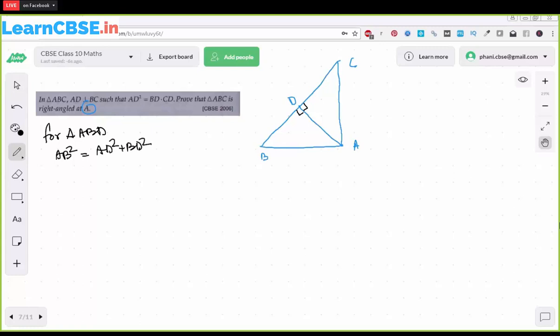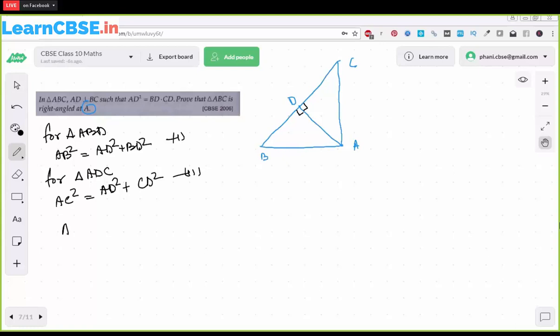And for the triangle ADC, we can write AC square equals AD square plus CD square. Now this is the first thing and this is the second thing. We are going to add them.